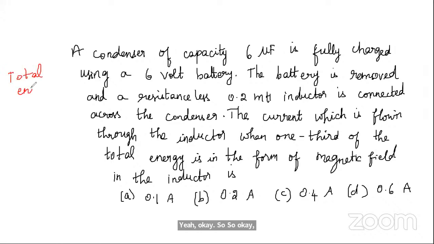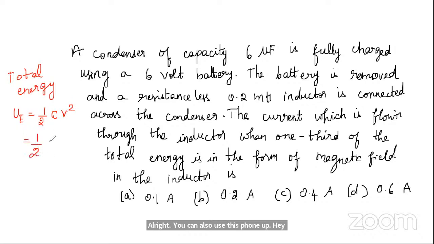So total energy initially, U_E, that is half Q naught squared, or you can also use this formula of half C V squared, because in the given data we have C and V. So C is 6 microfarad, 6 into 10 power minus 6, into voltage 6. So the total energy is half C V squared.